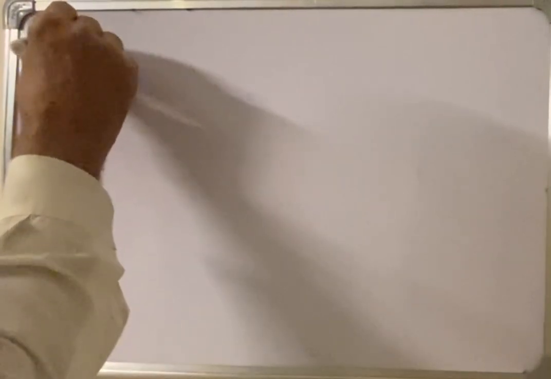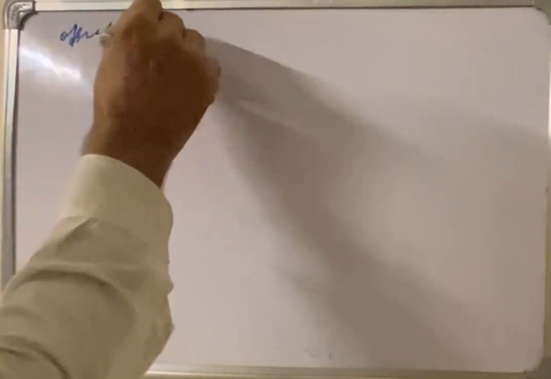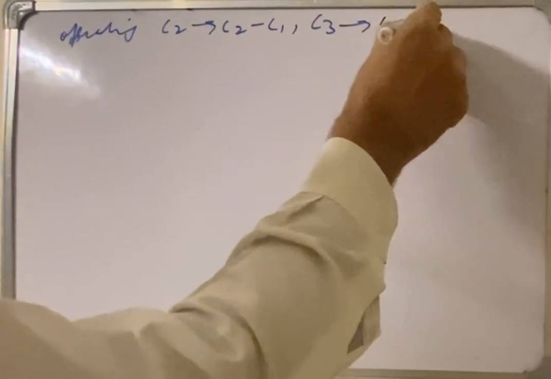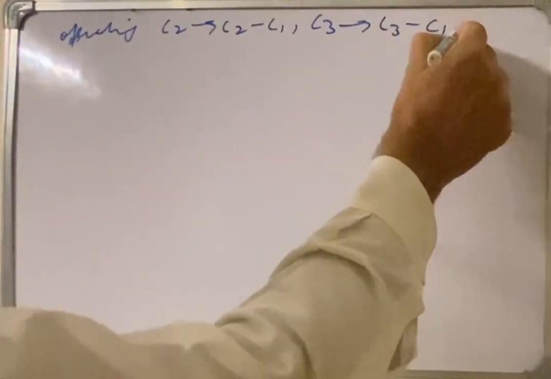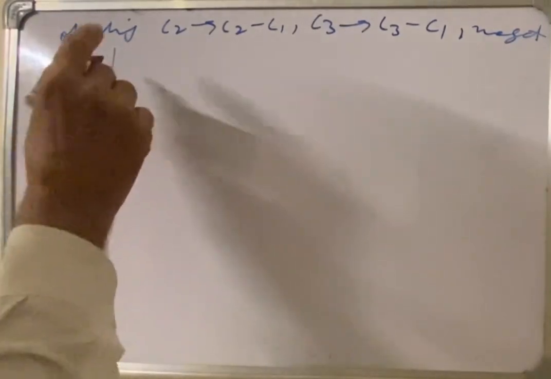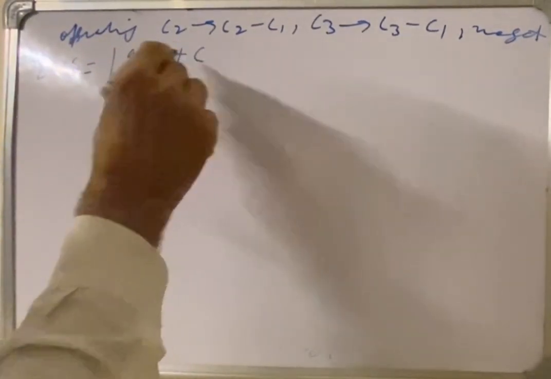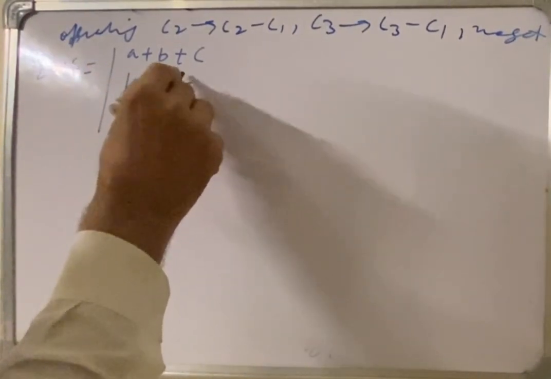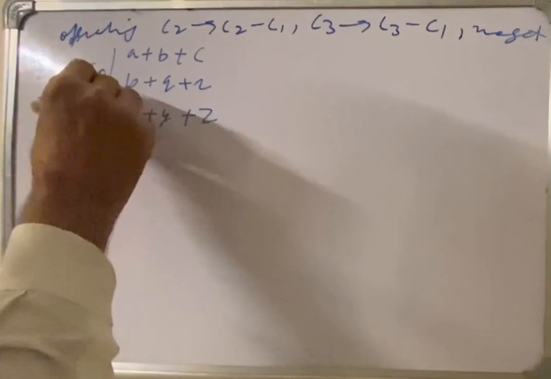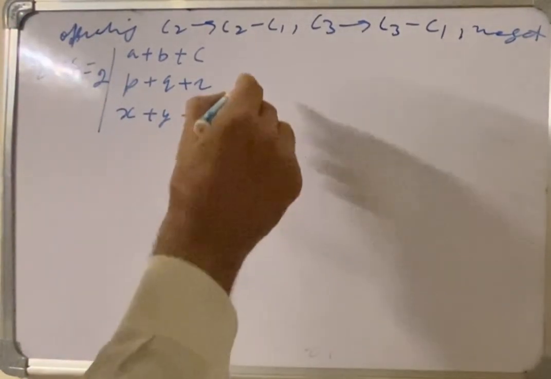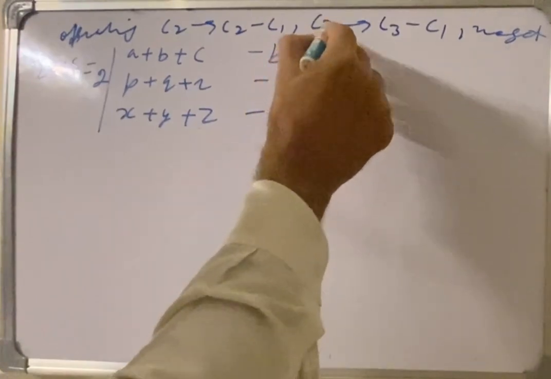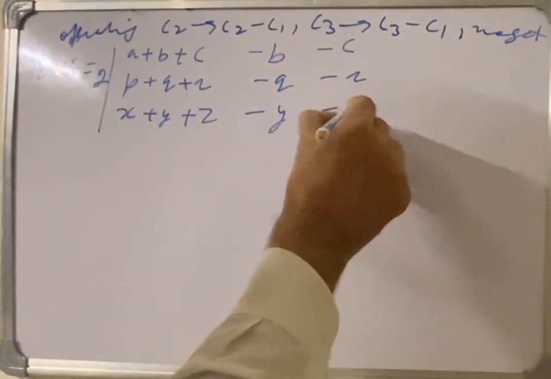Operating on the second column C2 minus C1 and the third column C3 minus C1, we get the left hand side as: first column a plus b plus c, p plus q plus r, x plus y plus z, with 2 common. Then the second becomes minus b, minus q, minus y. Third is minus c, minus r, minus z.